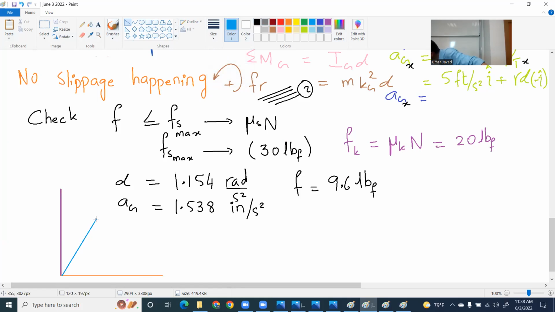This is my friction force or whatever. Now 30 pound force is somewhere here. So this is my 30 pound force.